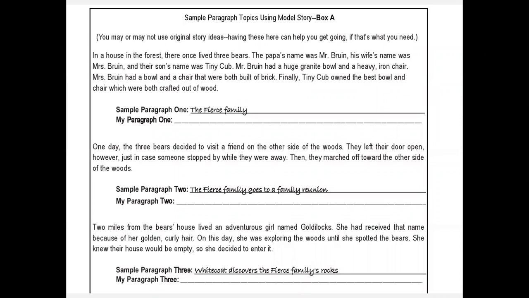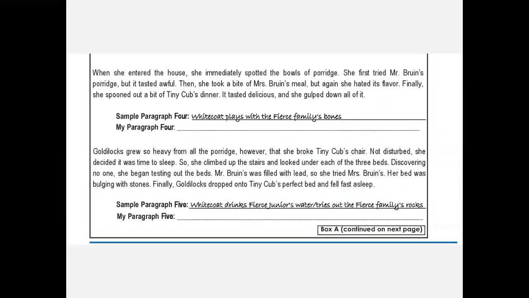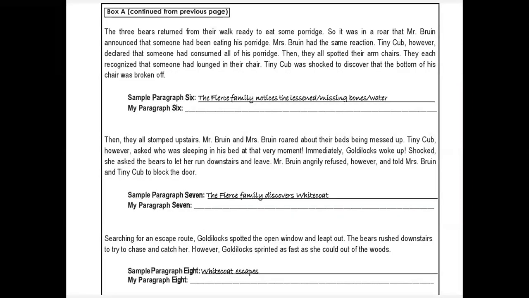They have their second paragraph, the Fierce family goes to a family reunion, and they're going to write their paragraph 2 right underneath that. They have their paragraph 3, White Coat discovers the Fierce family's rocks, and they're going to put their paragraph right underneath it. Again, this entire thing is in your teacher's notebook to use. Okay, right through paragraph 4, paragraph 5, paragraph 6, 7, and 8. That is method A, and it's called box A, so they can find it easily.